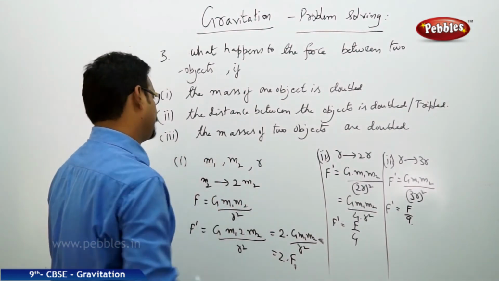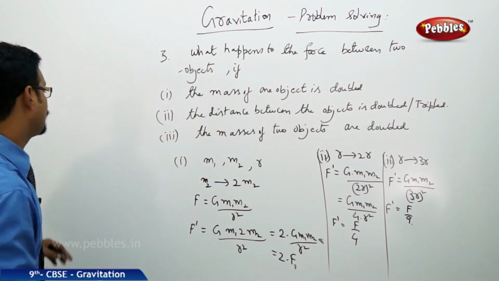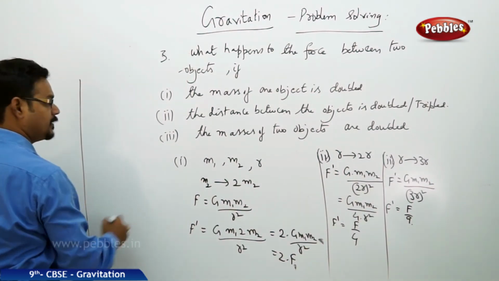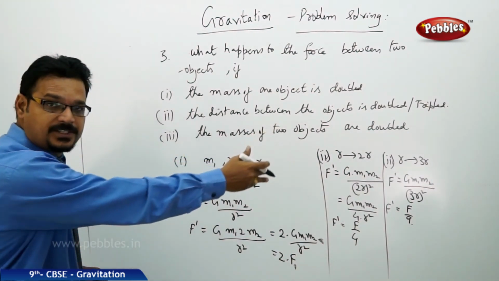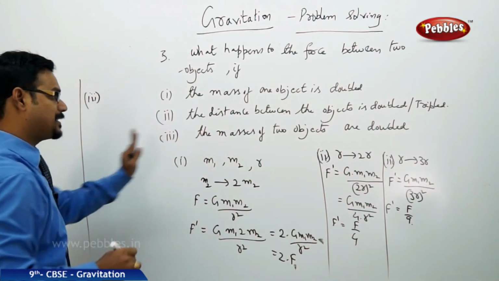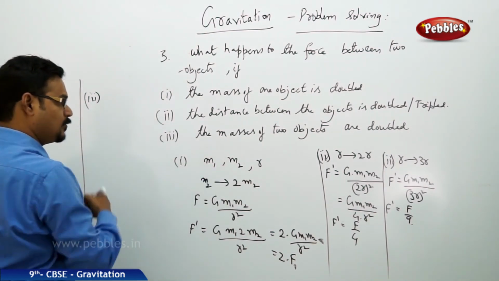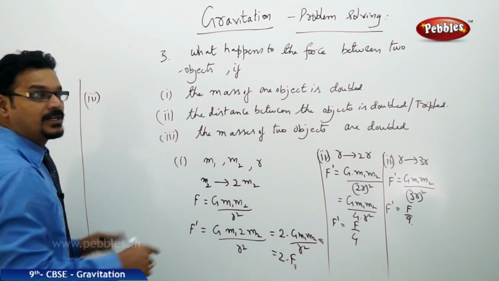Now the third one, the masses of two objects are doubled. Let me write here because the first two sections are written there. Come to the third one. Masses of two objects are doubled. So I'm taking m1, m2, r here also, but the masses of two objects are doubled.